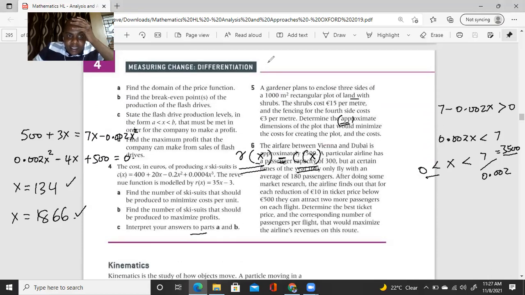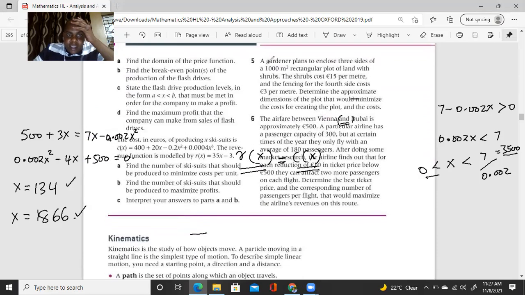So C, state the flash drive production levels in the form A less than x less than B that must be met in order for the company to make profit.